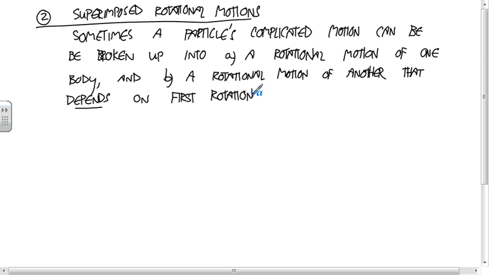When this happens, you want to choose a coordinate system that rotates with the first body.